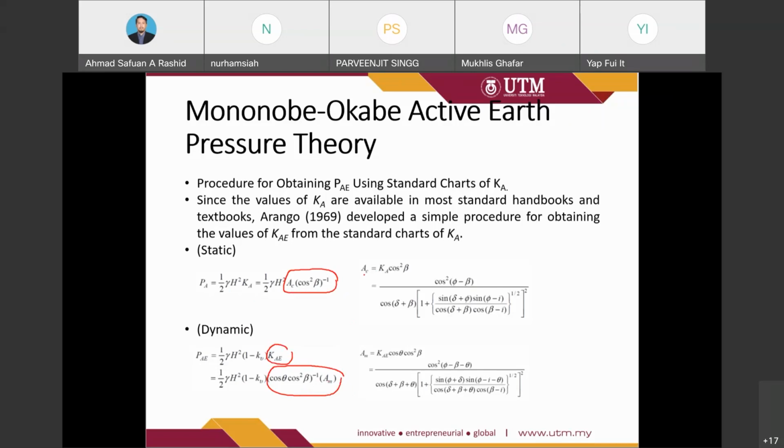So for the AC, it is equal to KA cos square beta, while for the AM, it is equal to KAE cos theta cos square beta.